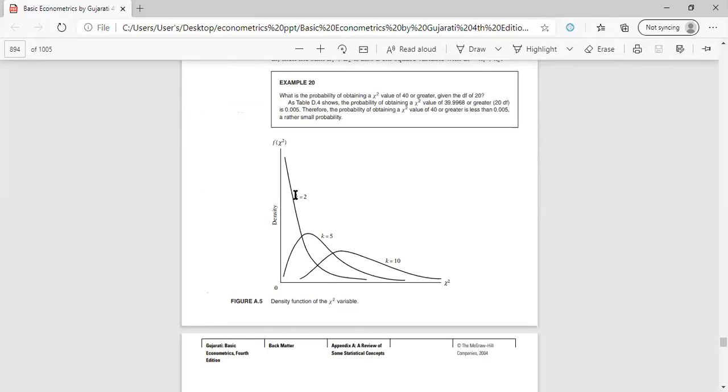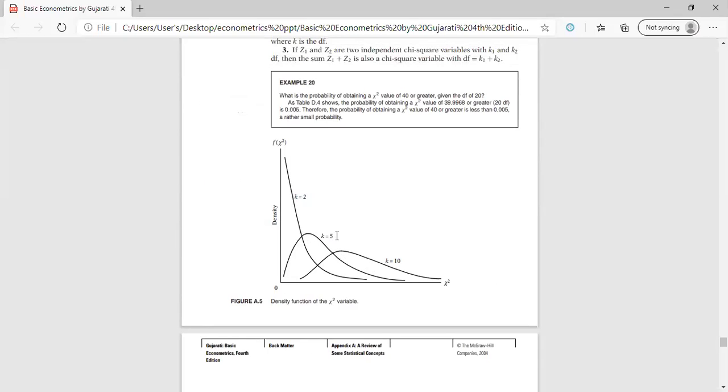Let's take it from 5 Z, starting from 0, and a long tail here. Take this k equals 5. K equals 5 means you are squaring 5 Z distributions and adding them.